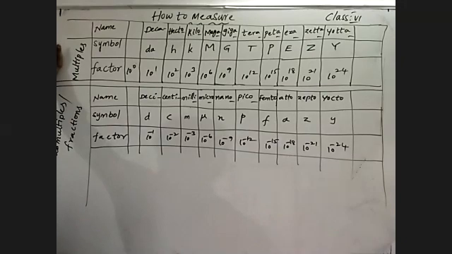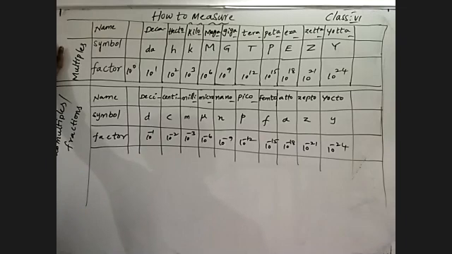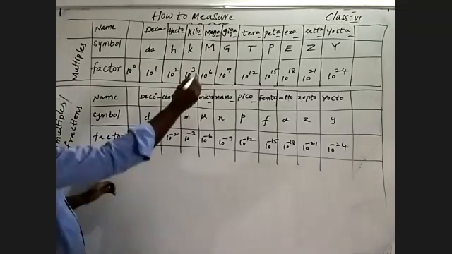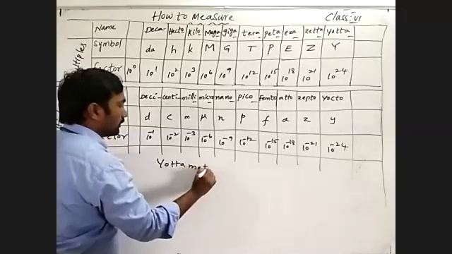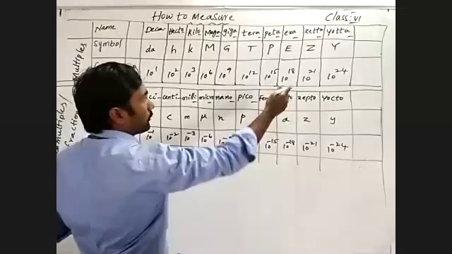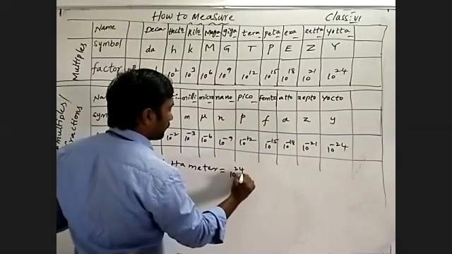See there. If they ask yoctometer, yoctometer is equal to what? 10 to the power of minus 24 meter. Generally, a yottameter is equal to how many meters? 10 to the power of 24 meters.